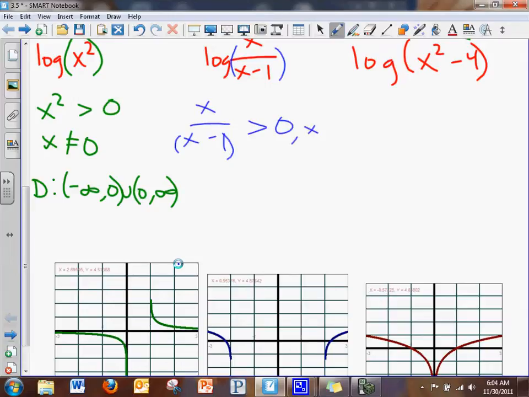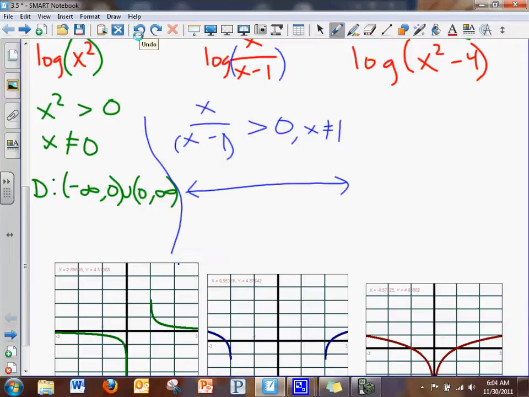So I'm going to also say right now that x can't be 1. That's my first restriction. This one's a little bit trickier. Let's talk about when this expression is greater than 0. Because right now I'm not sure what's going on, let's do that again.